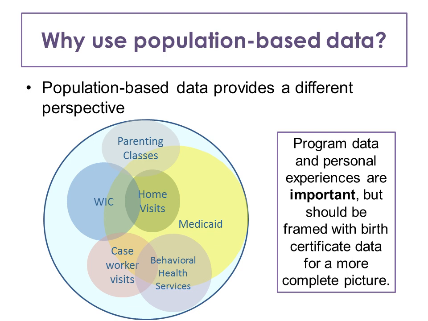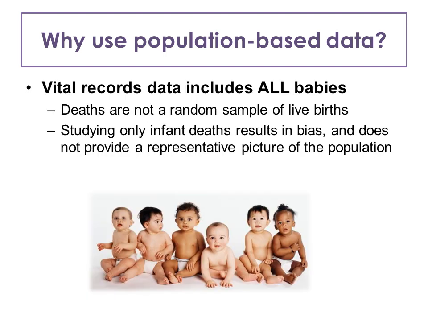When you start with vital records data that includes everybody, you can always go back and reinforce those data points with additional data points from WIC, behavioral health, home visiting, etc. It includes all babies, and the deaths from vital records are not a random sample of live births. Studying only infant deaths results in bias and does not provide a representative picture of the population.